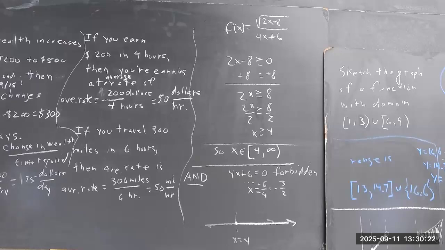Okay, 9/11 and 9/15. Now that is 4 days, right? So what we're saying is the average rate of wealth change here.